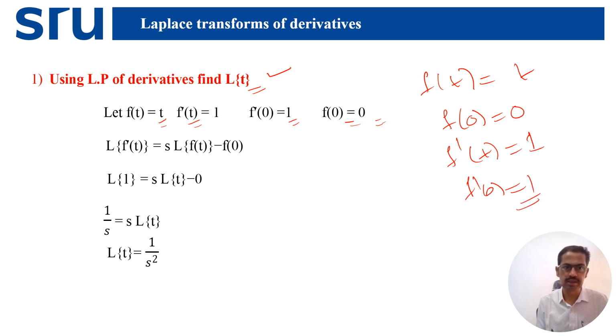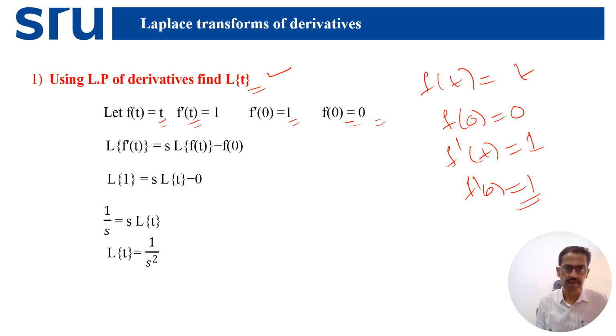The first order derivative Laplace transform: the Laplace transform of f dash of t equals s into the Laplace transform of f of t minus f of 0. What is the value of f dash of t? It is 1. Just substitute. What is f of t? It is t. Whatever you write in the line above, just substitute in the formula.